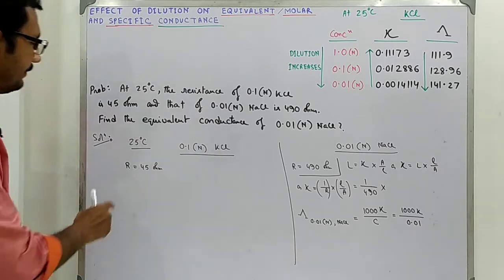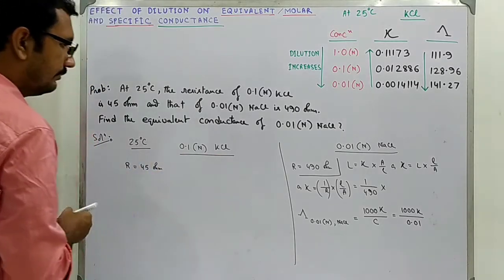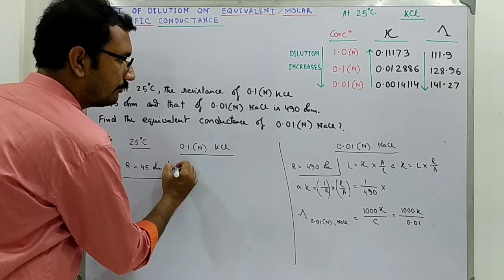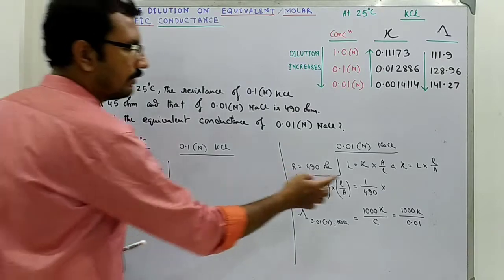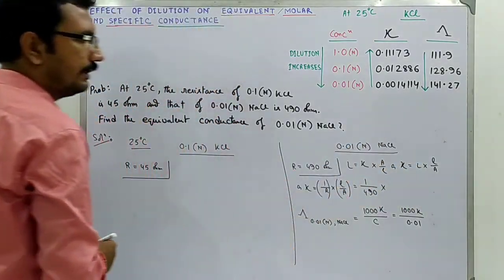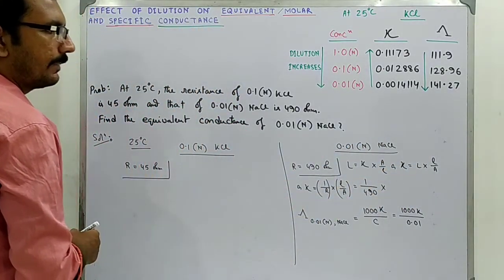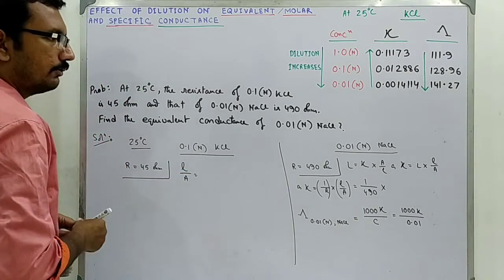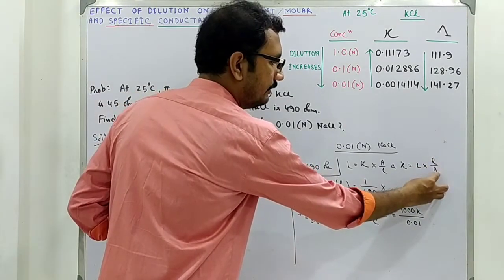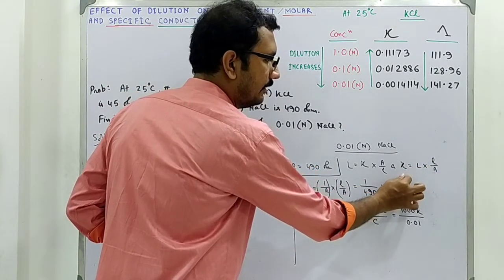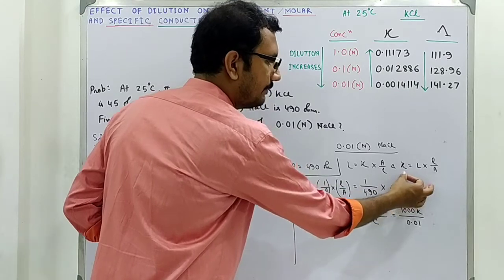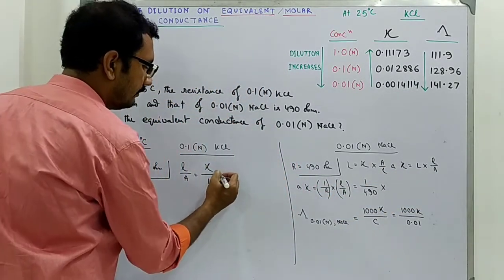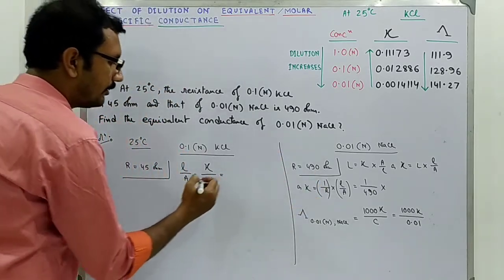Here the resistance given is 45 ohm. Now, again we know the relation, that is L equals kappa into A by l. So, kappa equals L into l by A. So, what will be the value of the cell constant? l by A will be kappa by capital L. So, you take this conductance to the left hand side, and you will get kappa by capital L. Now, L is 1 by R, the reciprocal of resistance.